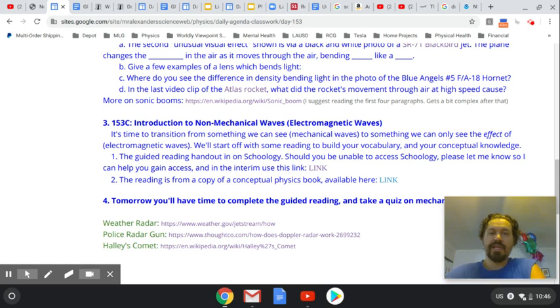And now we're going to move on to stuff that we can't see. We can see the effects of it, but we can't actually see it with our eyes. So that's electromagnetic waves. And the best way we're able to perceive this and perceive the effect of it is through light. Right? We can't actually see light, but we can see the results of it, the reflections that come from it.